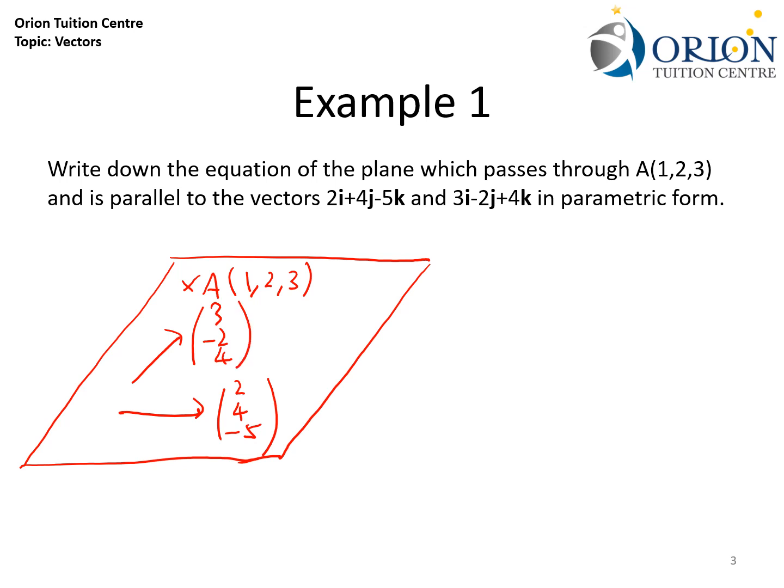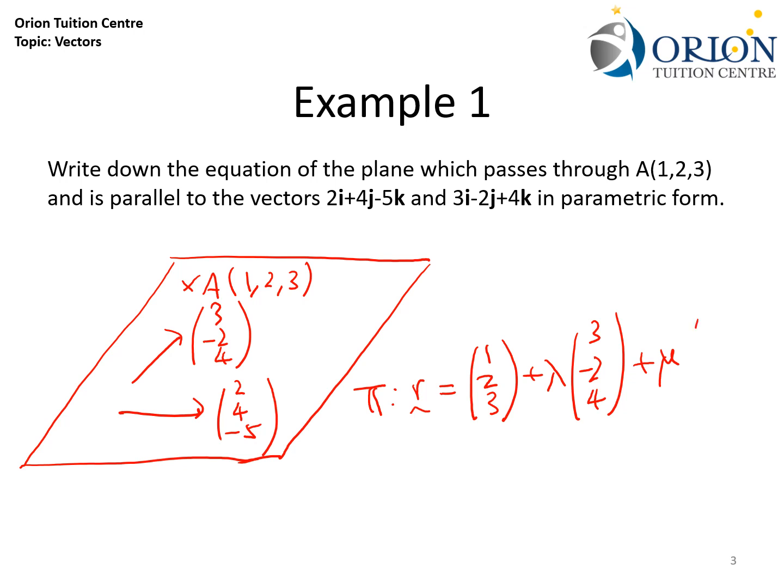Therefore, we can say that the equation of the plane in parametric form is pi: r equals (1, 2, 3) plus lambda (3, -2, 4) plus mu (2, 4, -5). And we of course have to mention that lambda and mu are both real numbers.